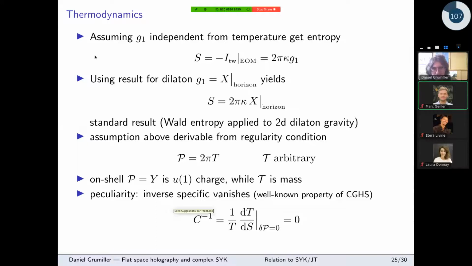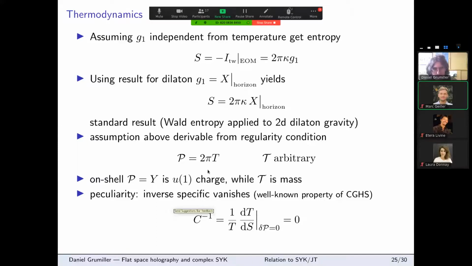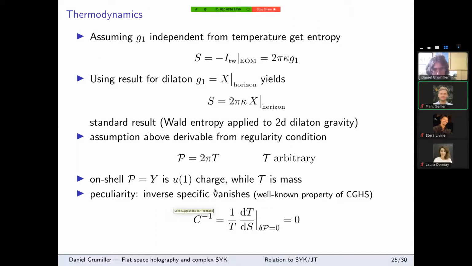And I'm mentioning all this because there is a peculiarity of this model. It's again a well-known property of the CHS model, but if you're not familiar with this model, you may not know this. So the inverse specific heat vanishes for the CHS model. So indeed, if you evaluate the inverse of specific heat, so C_P^{-1} = dT/dS, well, since T doesn't depend on S when we keep P fixed, the result is 0.